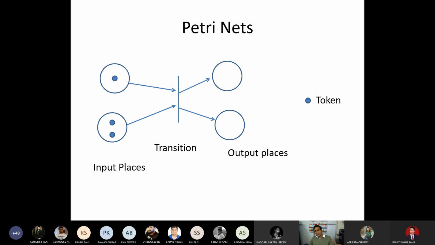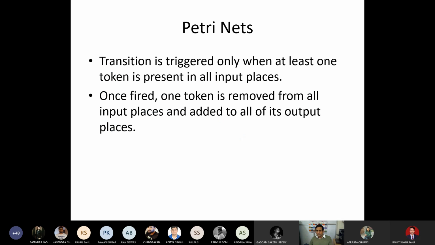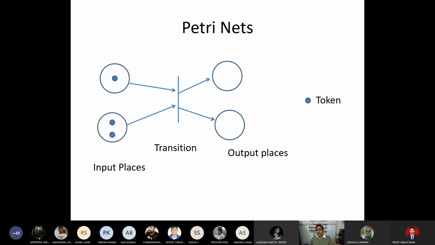So for a particular transition, all input places should have at least one token, then only that transition will be fired, otherwise it will not fire. Once fired, one token is removed from all input places and added to all of its output places. Now let's say, for example, this transition is fired.